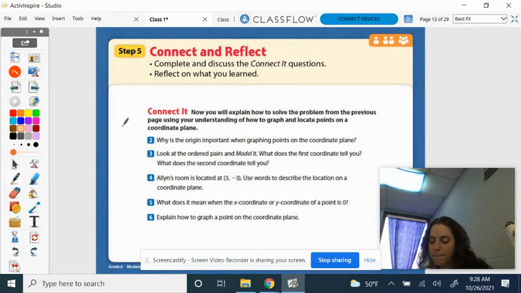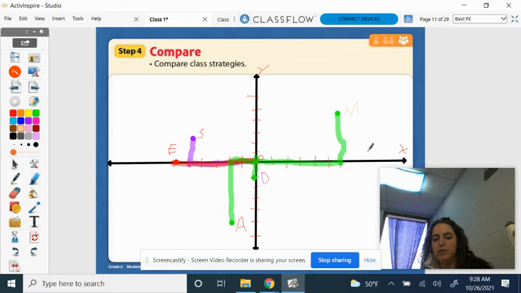Good. If you could envision a graph in your head and you had a coordinate like (-3, 7), could you tell me what quadrant it would end up in? It would be quadrant 2. Some of you may not be able to do that yet, but if you have the point (-3, 7), before you even graph it, you know negative means I'm going to go to the left, and positive means I'm going to go up.